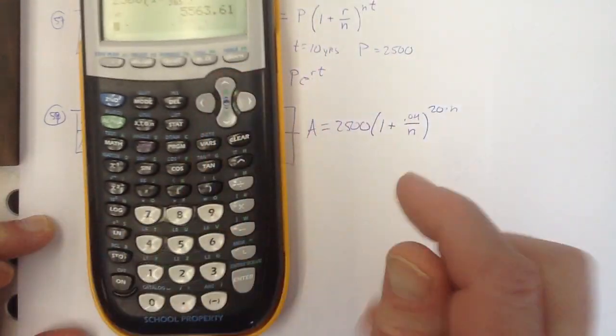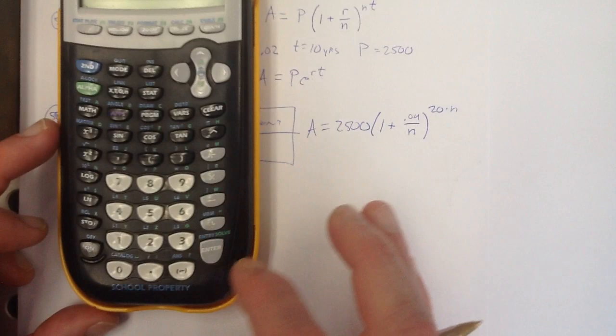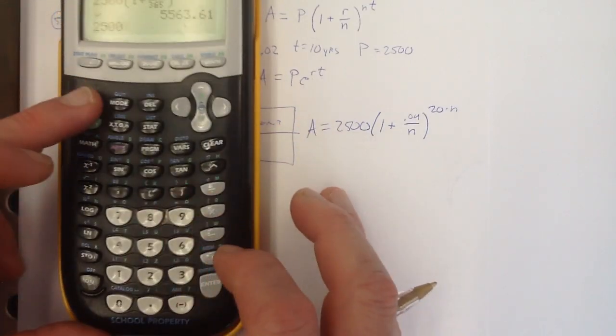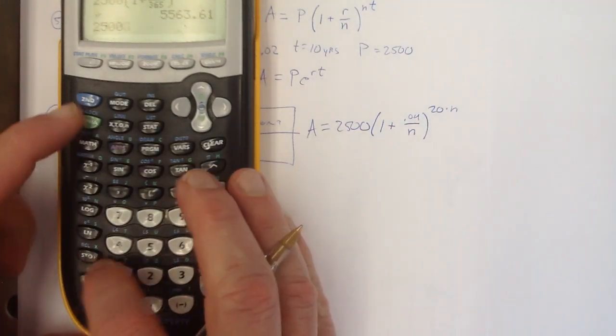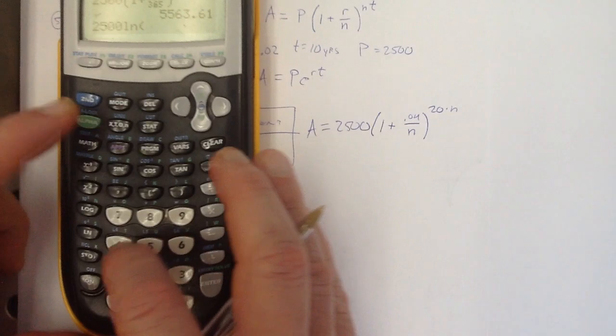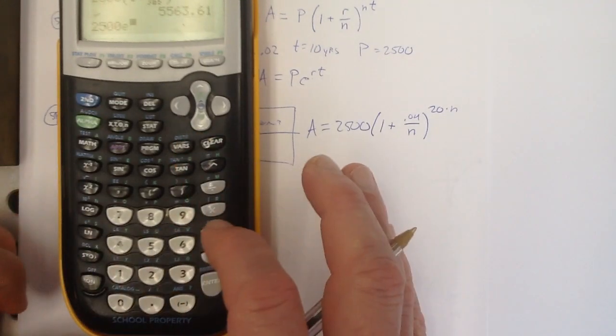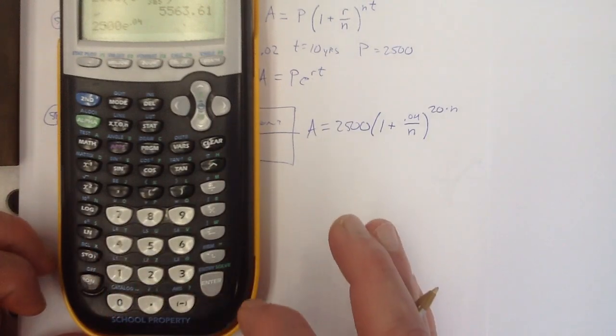$5,563.61, and then to do the continuous one, that's a different formula, so I have to enter it again. This is $2,500 times, this is the PERT formula, times E to the RT.